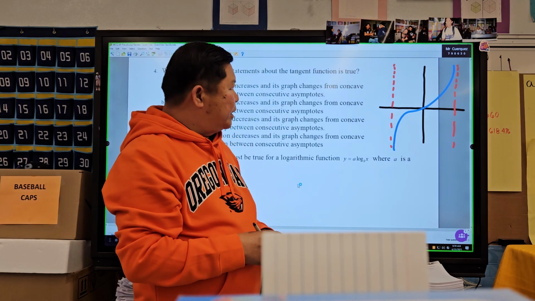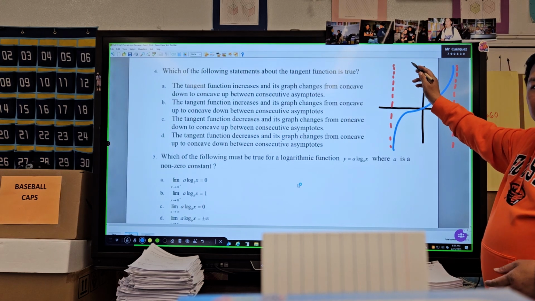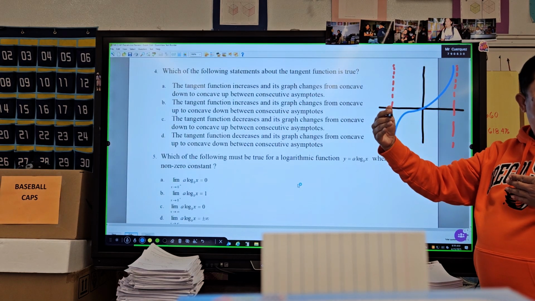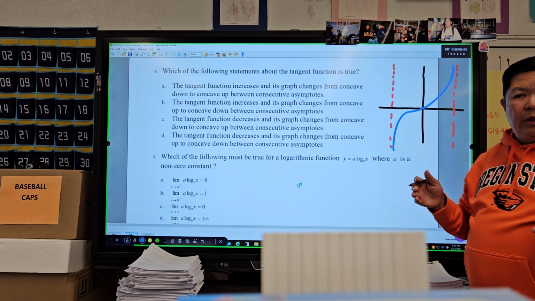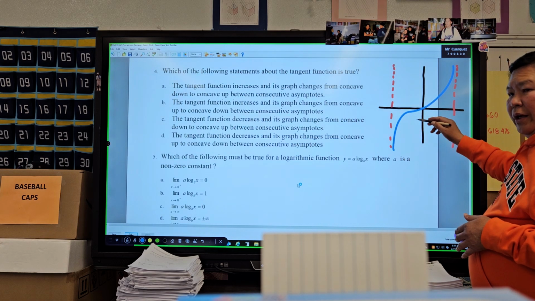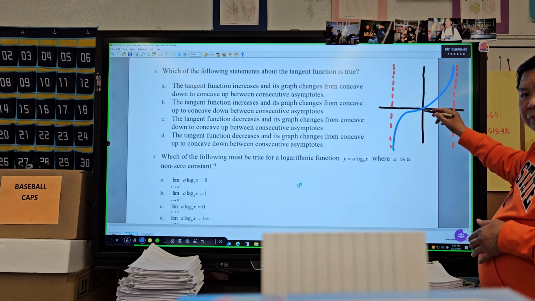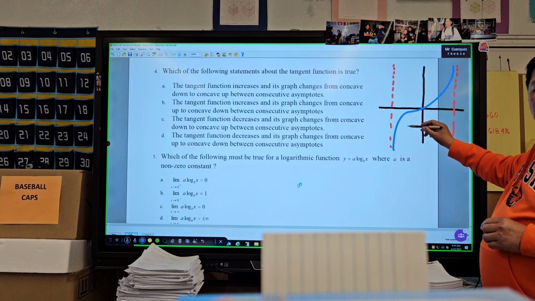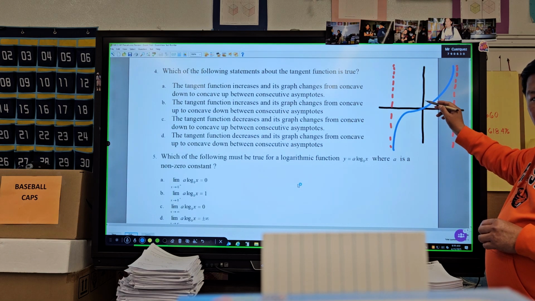So what do you notice on this one? Again, it is between the two vertical asymptotes. And how about this graph? What is the concavity of this graph right here? Concave down.